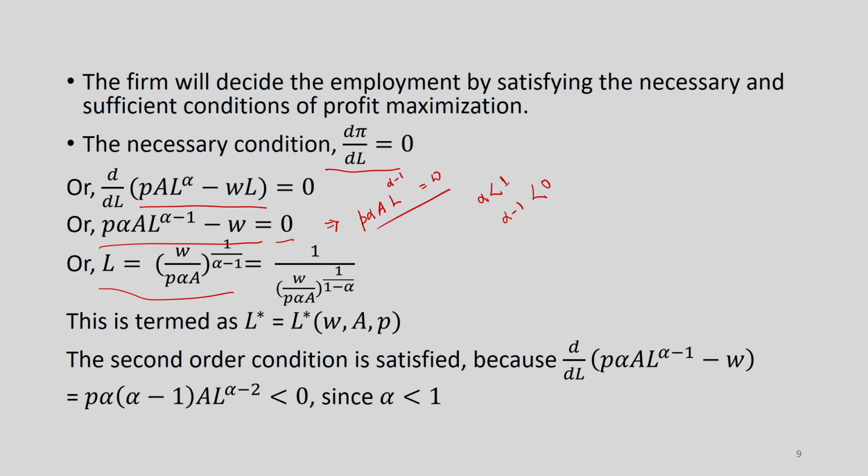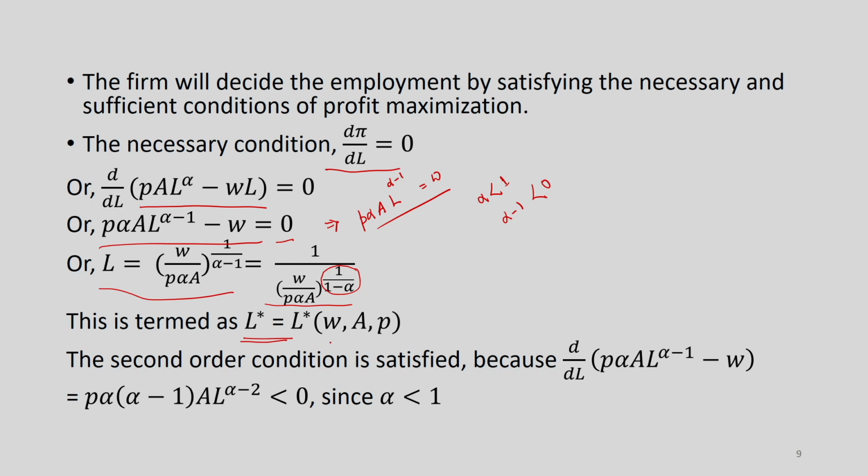Therefore, I have taken the reciprocal so that the power here is positive. So, L is equal to (1 divided by (w divided by p alpha A)) to the power 1 divided by (1 minus alpha), and let us call this L star. This is the optimal employment level of the producer.